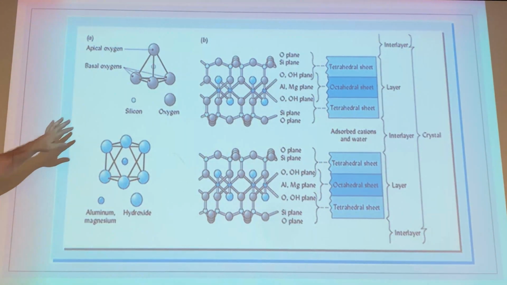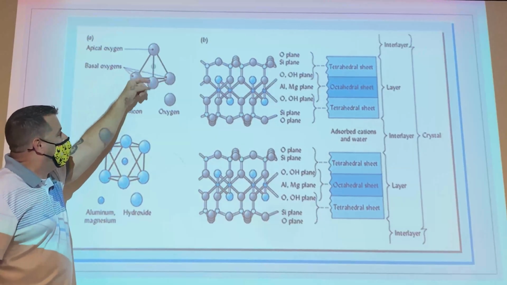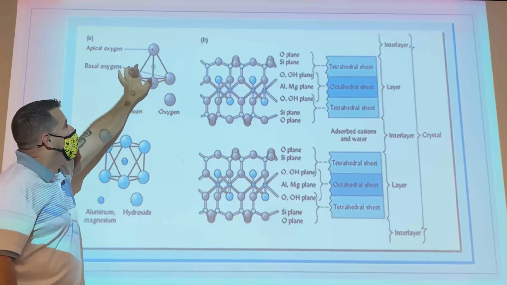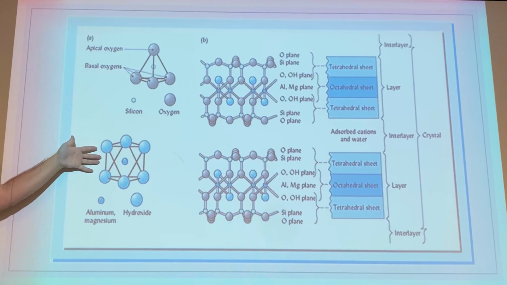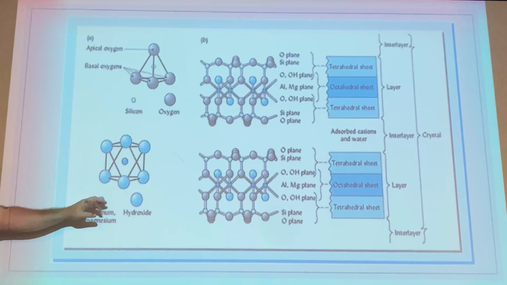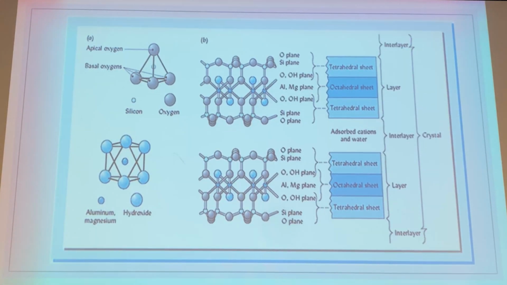So here we have our tetrahedral, where we have this silicon in the center. Our oxygens form a tetrahedron, or what looks like a pyramid. We have this octahedral that has either aluminum or magnesium, and this hydroxide. So we have an OH group on the edge of that structure. That's about as chemical as I get here.